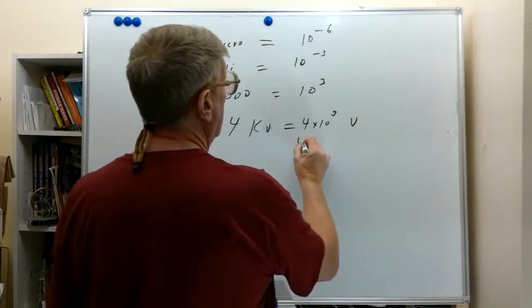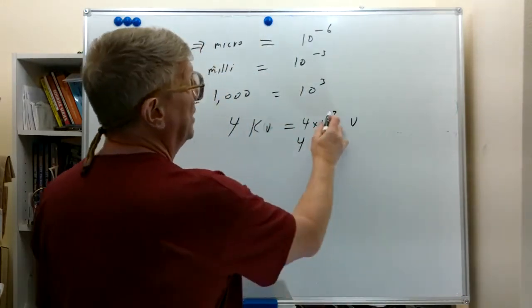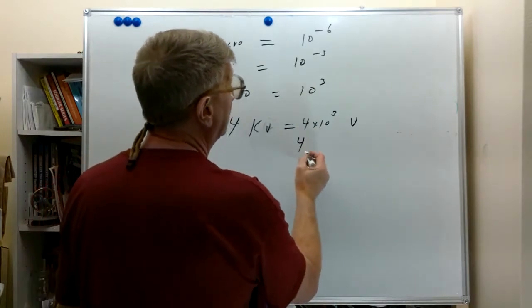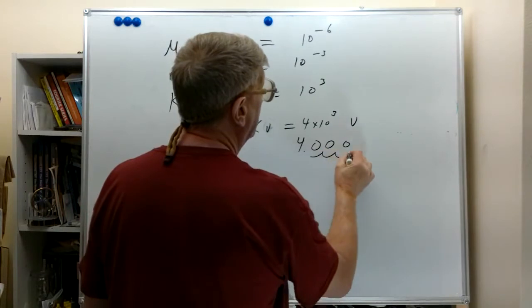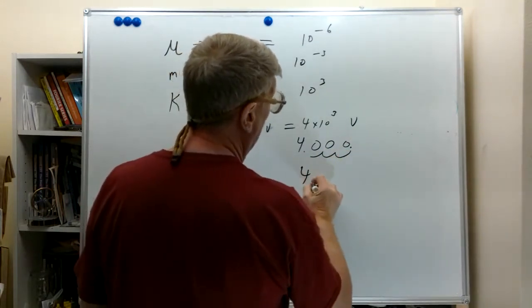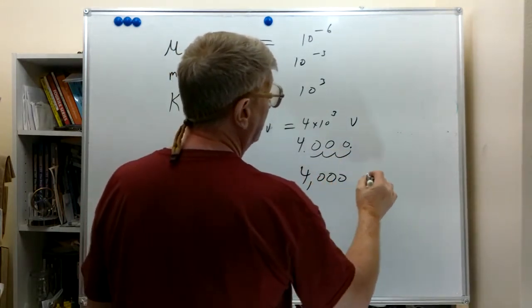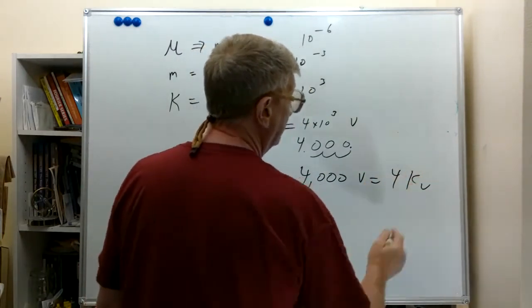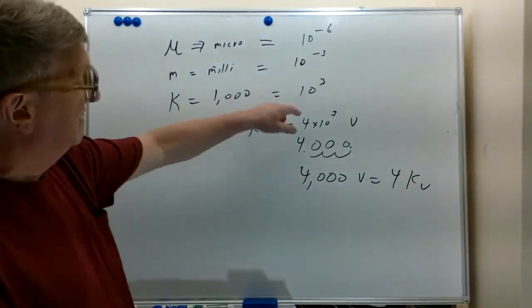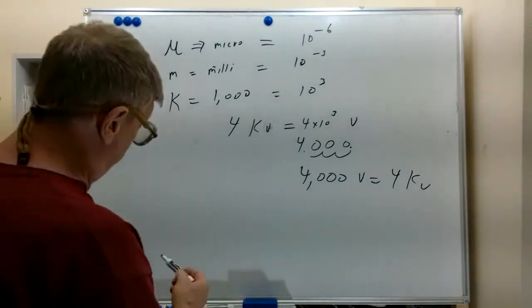Now we've got a plus value, so we have to move our decimal place 3 to the right. 1, 2, 3. So that becomes 4,000 volts, equal to 4 kilovolts. So that K is 1,000, 10 to the third.